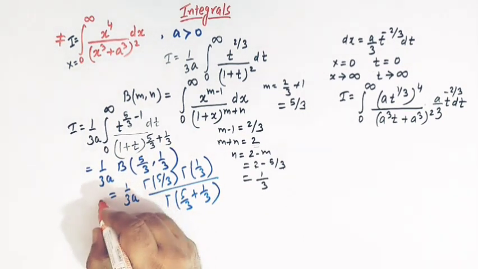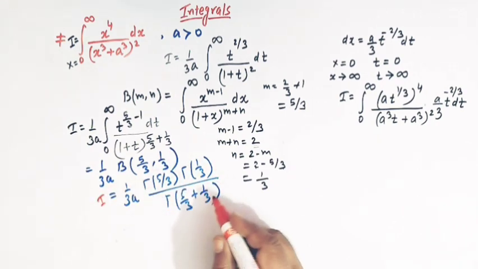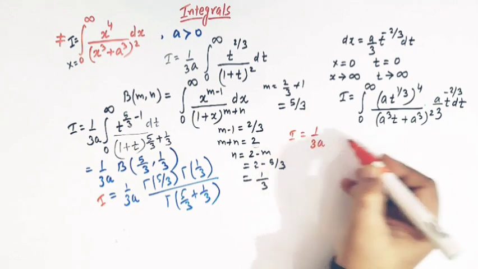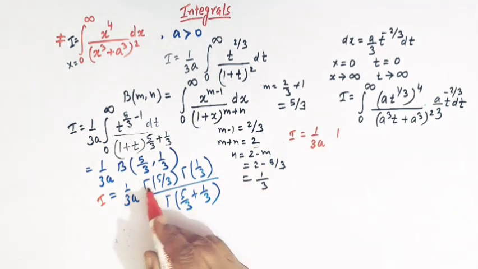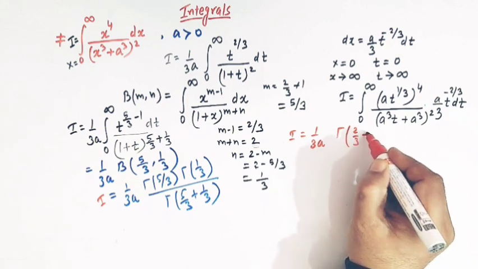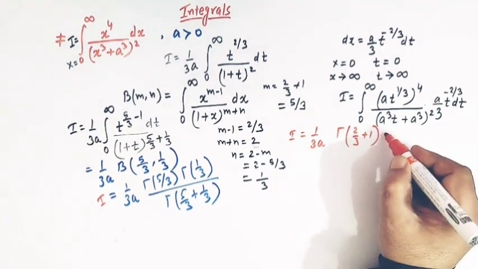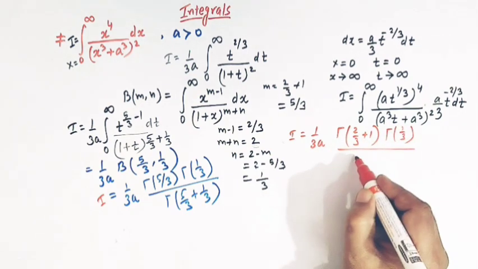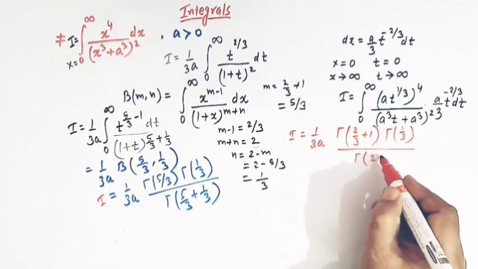So now we can simplify this expression. So I is now equal to 1 over 3a, and gamma of 5 by 3 can be written as 2 by 3 plus 1, right? And here we have gamma of 1 over 3 divided by gamma of 2, right?